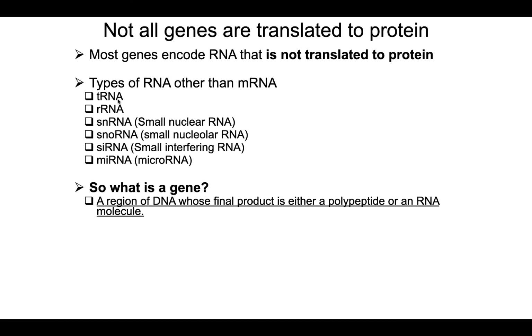There are transfer RNAs, there are ribosomal RNAs, small nuclear RNAs, small nucleolar RNAs, small interfering RNAs, microRNAs, and so on and so forth. In fact, we're learning more and more about all the different non-coding RNAs within cells. Non-coding means that they're not messenger RNA. They're RNAs that work and function as an RNA. So the question is, what is a gene? Well, it's a region of DNA whose final product is either a polypeptide or an RNA molecule.